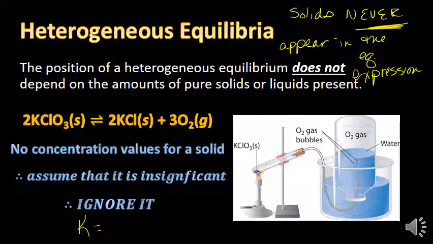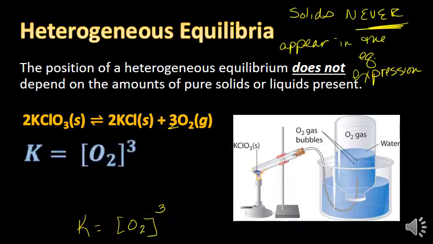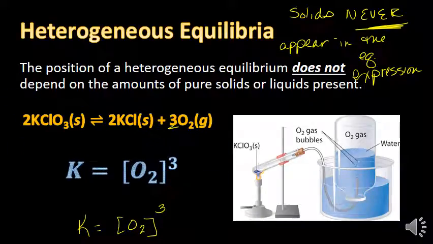It is the O2. But not 302. What do we do with these coefficients? There you go. Like that. Cube it. Oh, look, there it is. That's why I was saying not 302. Do you see now, Morgan? Yeah.